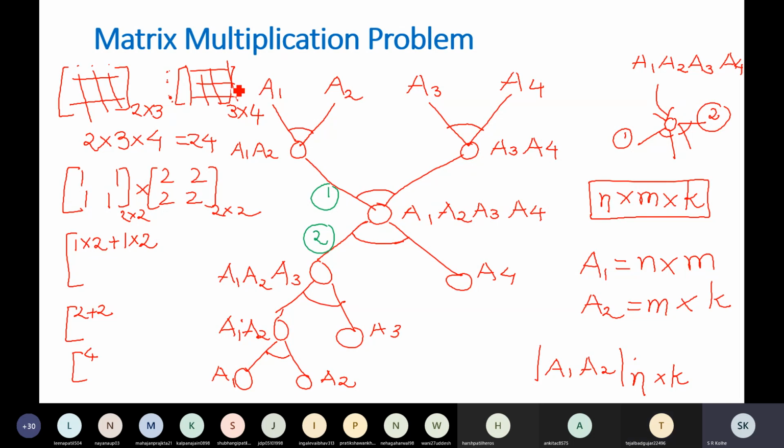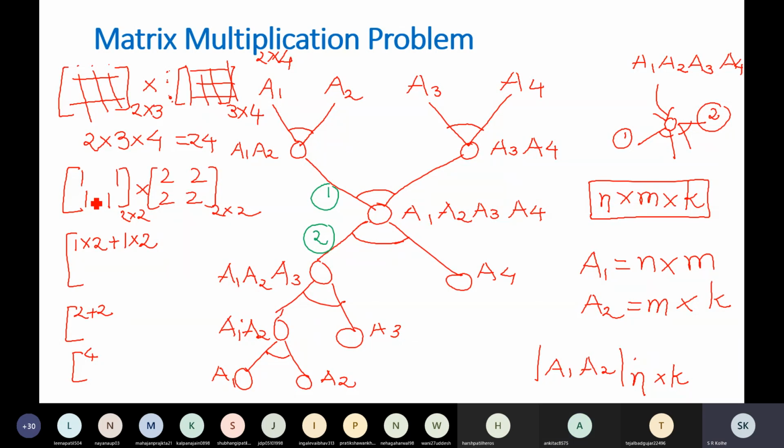In this resultant matrix, what will be the size? 2 by 4. So 8 elements will be there in the result of this multiplication.